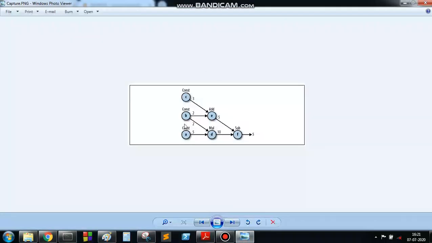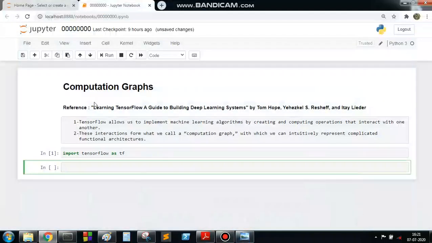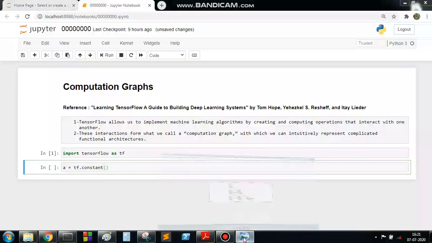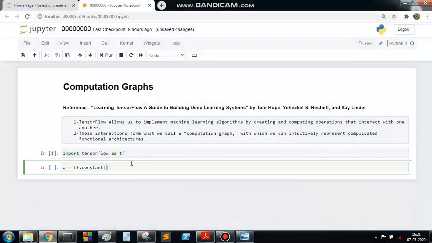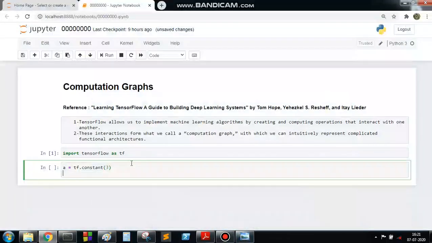This figure is also taken from this reference book. Now I am going to create three nodes. First one is A. A is equal to tf.constant. What is the value of A? 3. Similarly, B is a TensorFlow constant.